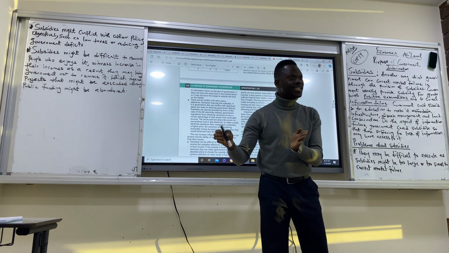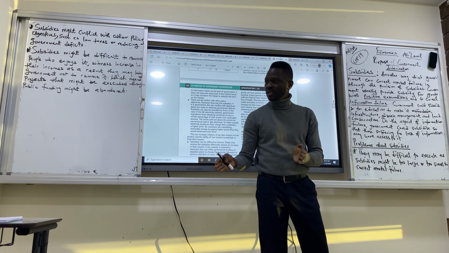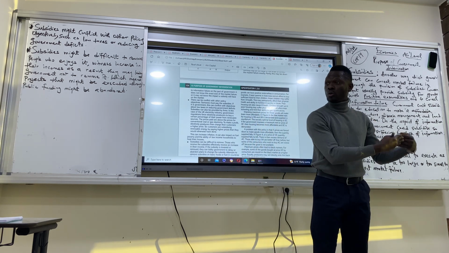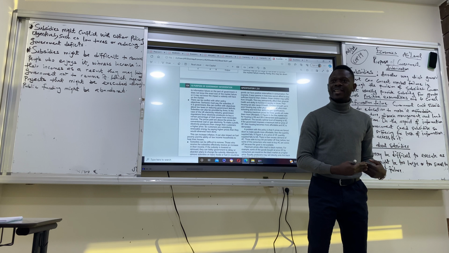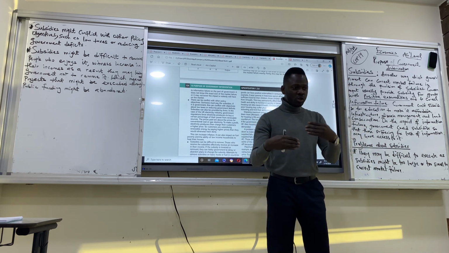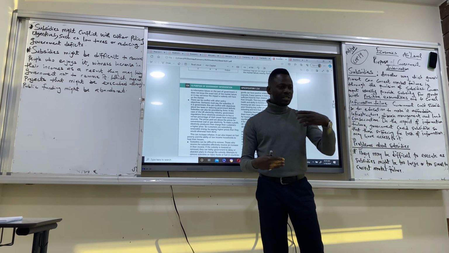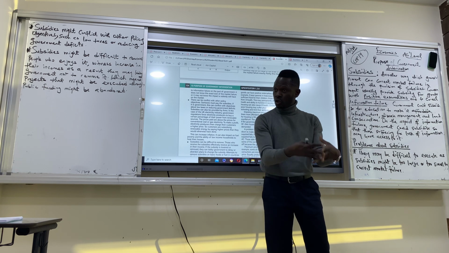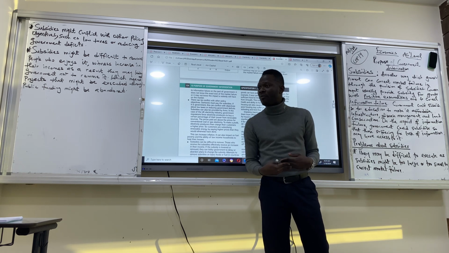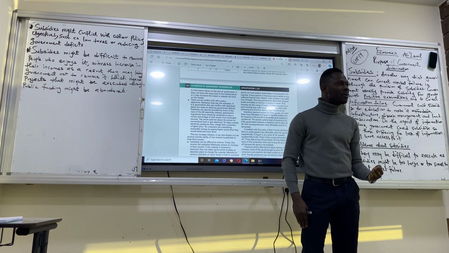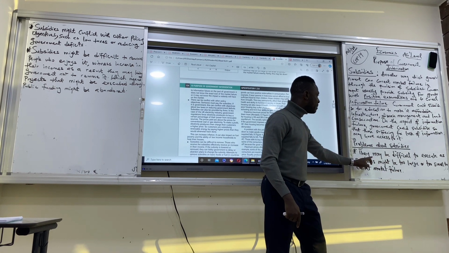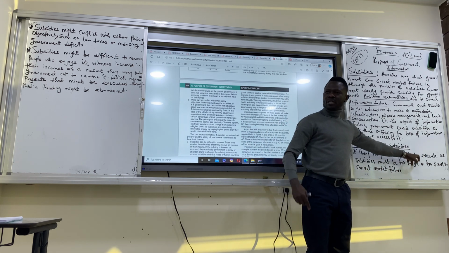If it is too much, that's excess. It's misallocation of resources. If it is too small, it is not even enough. You want to correct a problem, but the amount of money available to you to correct it is not enough. You won't be able to correct the problem. That is the point here. They may be difficult to execute.